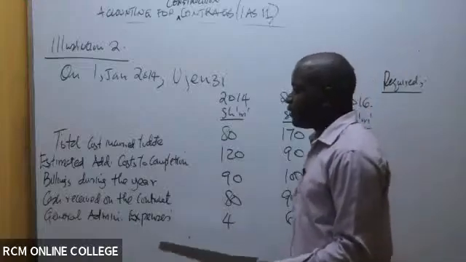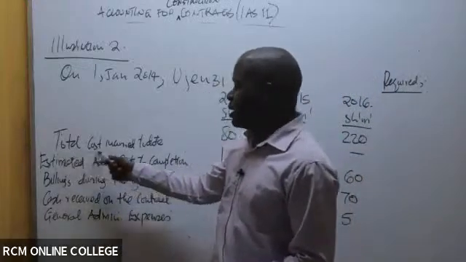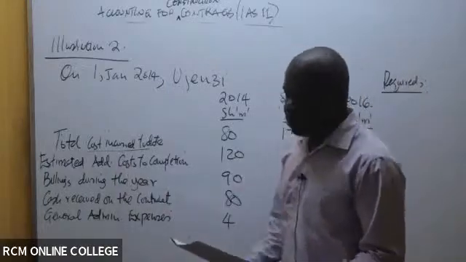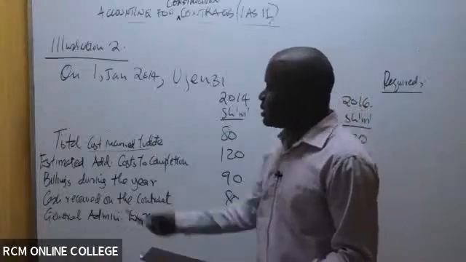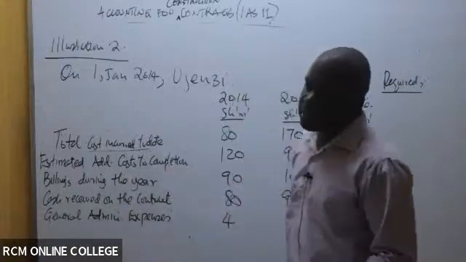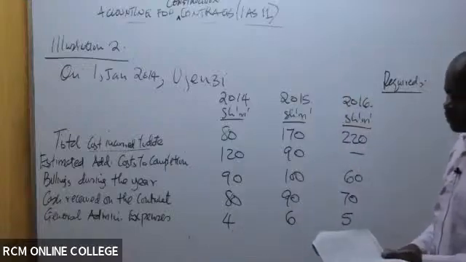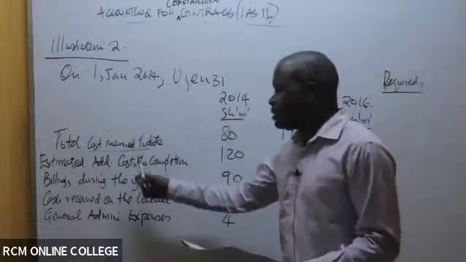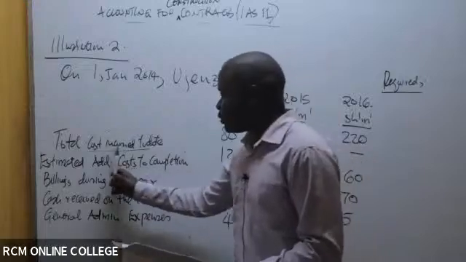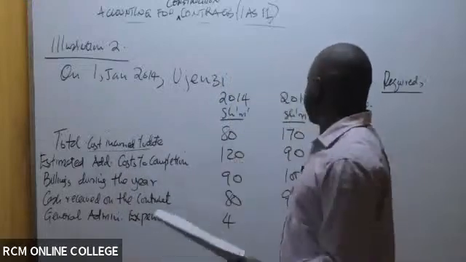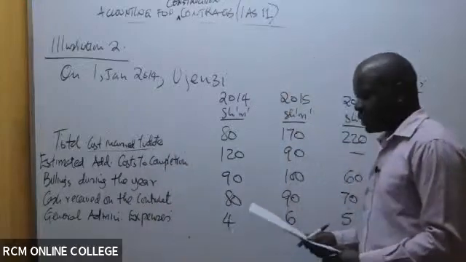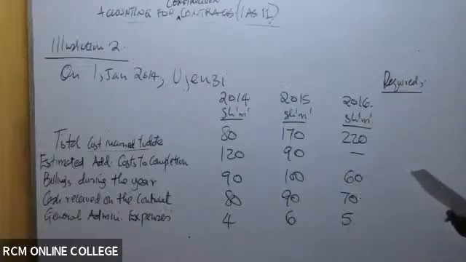Just note the only difference here. Remember, in the other one they had given us the cost incurred in the year. But here they have already given us the cost incurred to date.